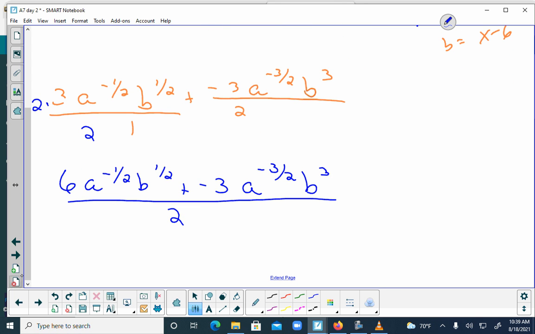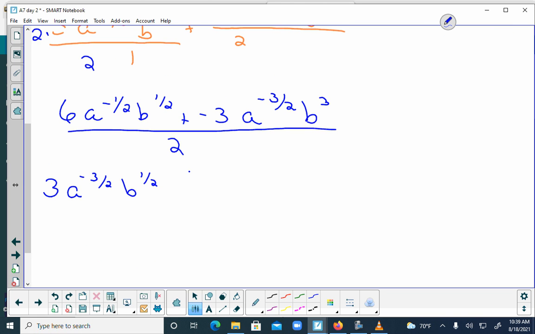Now I'm going to factor out what I can. I have a 6 and I have a 3. What's the lowest common factor? Let's factor out 3, and then a to the negative 3 halves, and then b to the 1/2. That's what I'm factoring out.